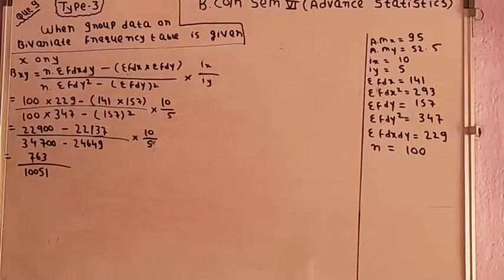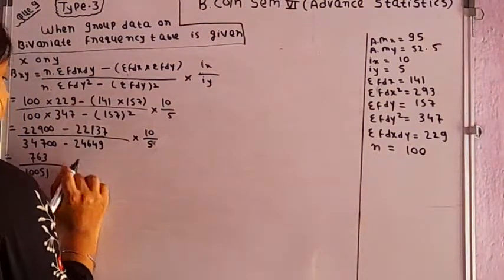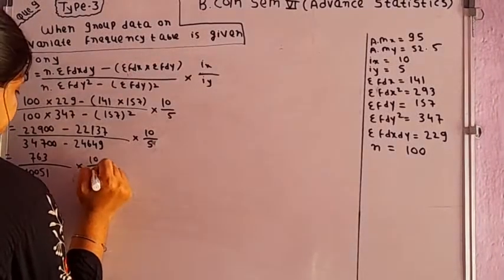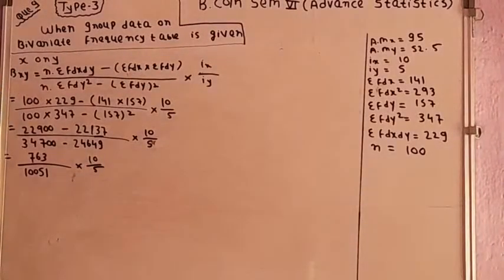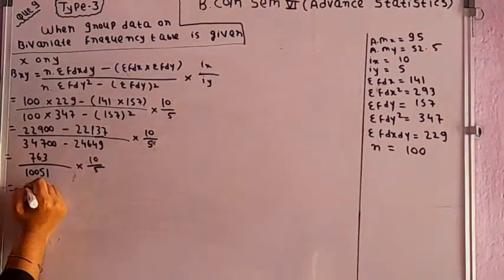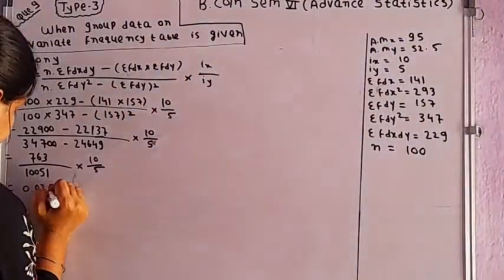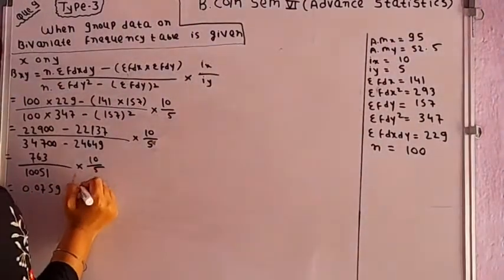So now it will become 763 into 10 by 5. So 763 divided by 10,051 is equal to 0.0759. 0.0759 into 10 by 5, 2.